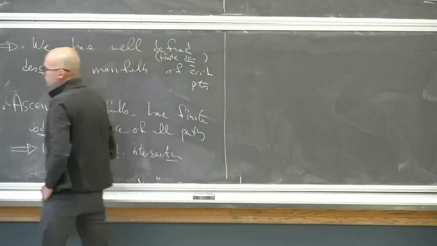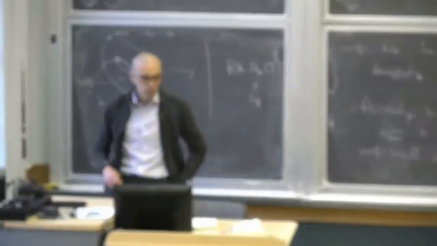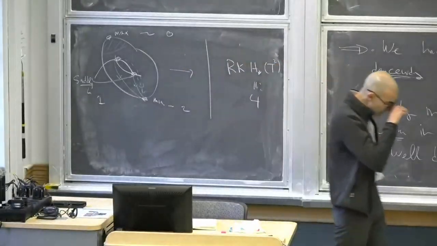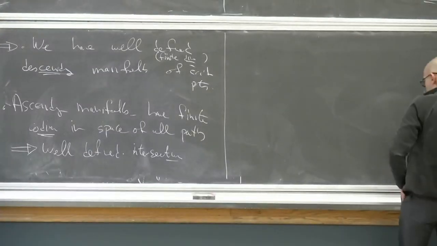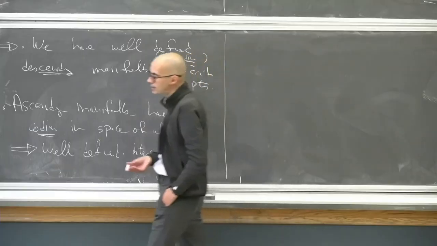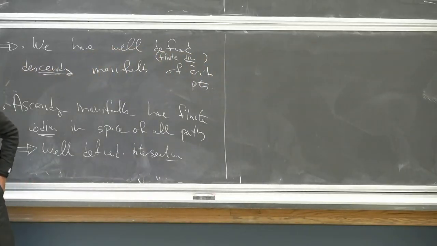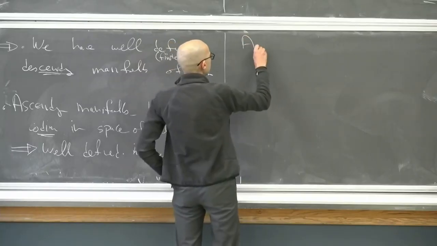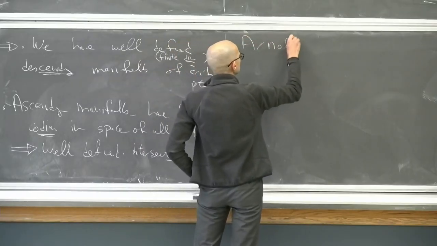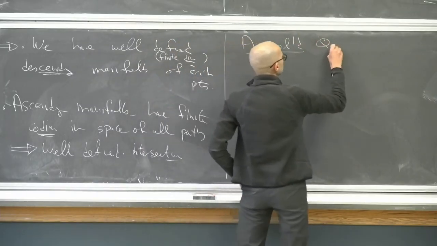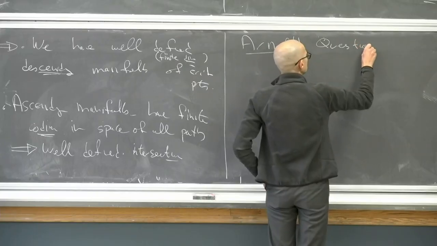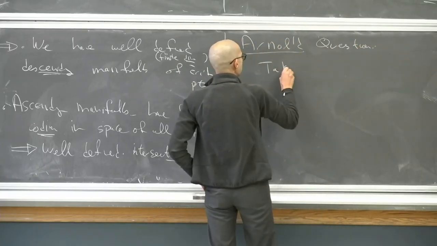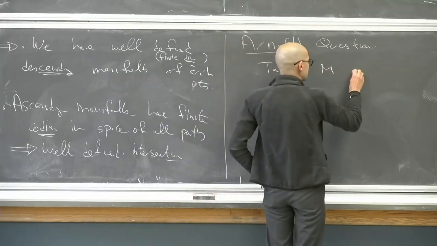So now, yesterday I talked about this problem of Poincare, of finding fixed points, and this was generalized by Arnold to the following question. I promised I would do it in the third lecture, but I decided I will start introducing it now. So take M, and I'm going to make it a symplectic manifold.